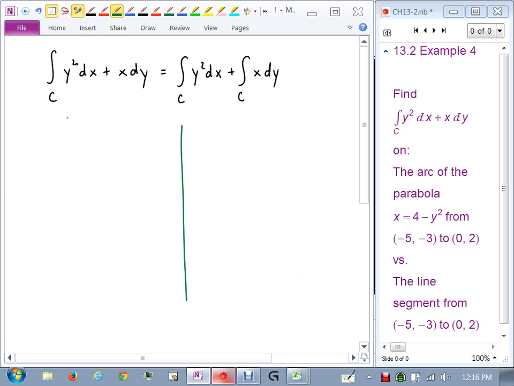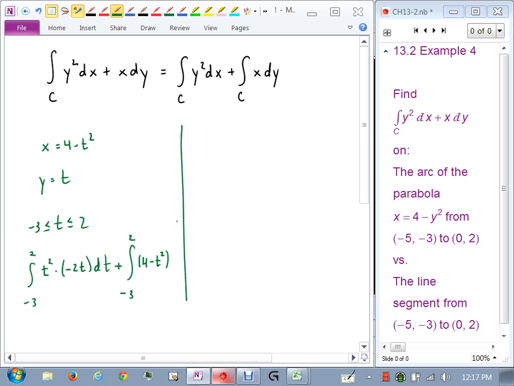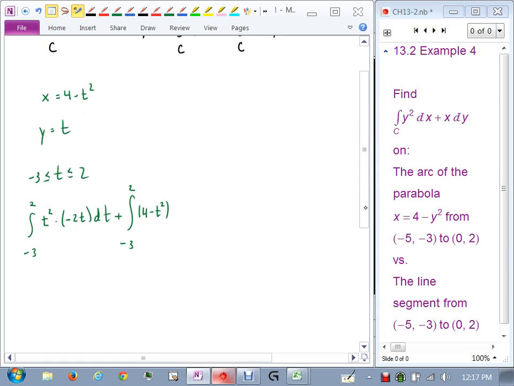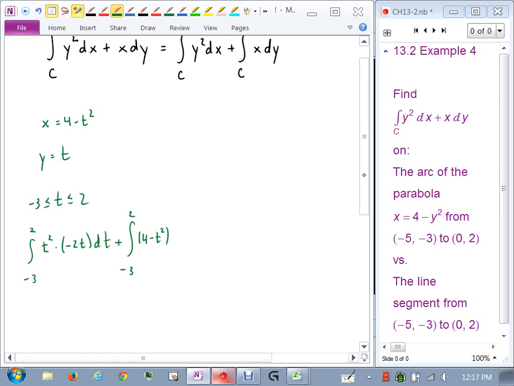So for the two separate problems you had, you should have had x equal to 4 minus t squared, y equal to t, with t between -3 and 2. The line integral should have turned out to be the integral from -3 to 2 of y squared, so t squared, times dx, which was -2t dt, plus the line integral from -3 to 2 of x, which was 4 minus t squared, dy was 1, so dt.